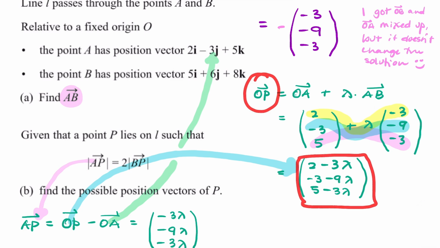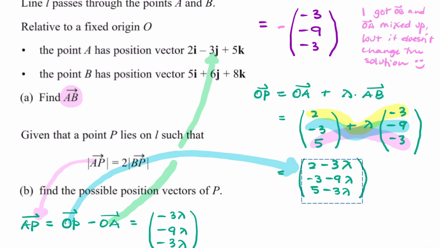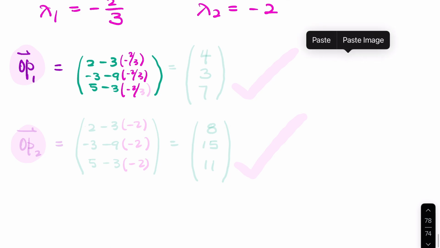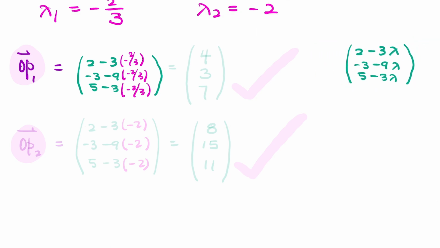So we have 2, minus 3, 5 plus lambda times minus 2/3, minus 2/3, minus 2/3. And that will give us 2 plus 2 is 4, minus 3 plus 6 is 3, and 5 plus 2 is 7.